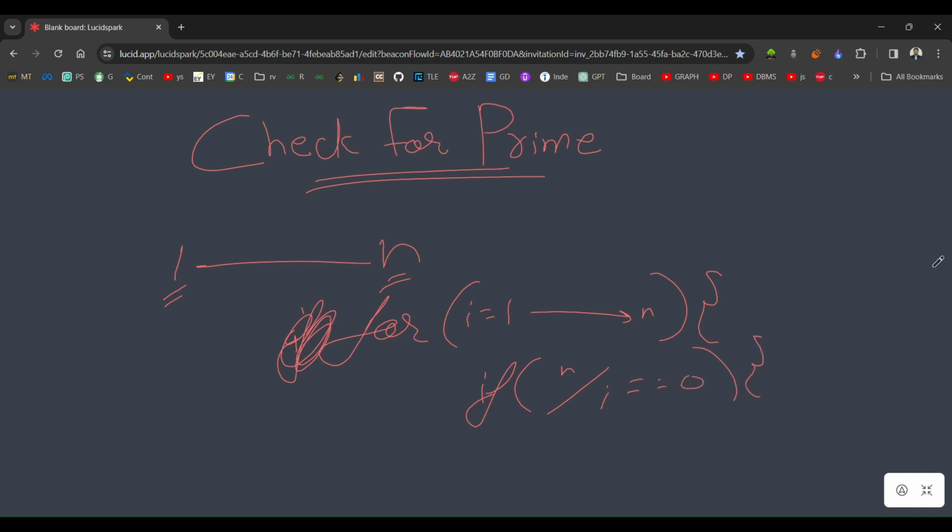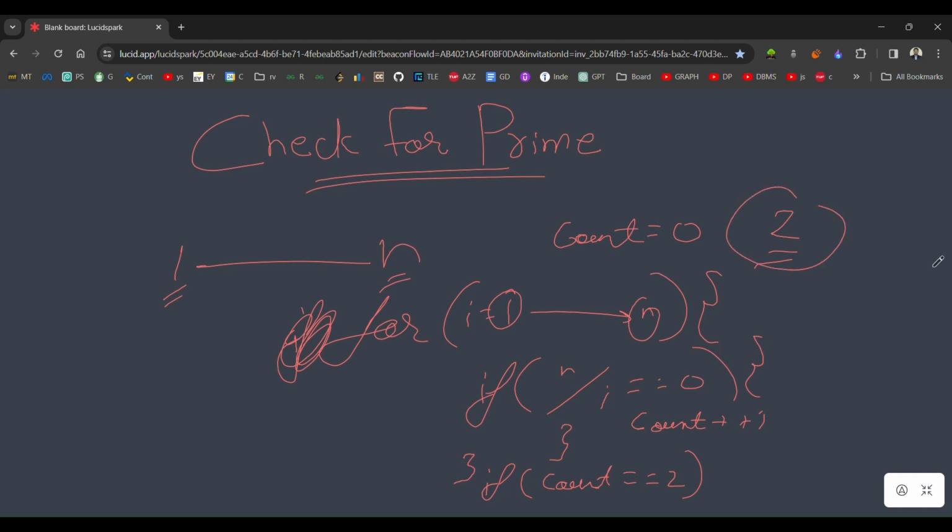If yes, I'm going to keep a count variable and increase this count plus plus. After this for loop I will just check whether the count equals 2 or not, because 1 and n will anyway be factors, so there will be two factors for sure. So if count is 2, that means they are the only factors, right? If there is some other factor, we will say that the number is not prime.